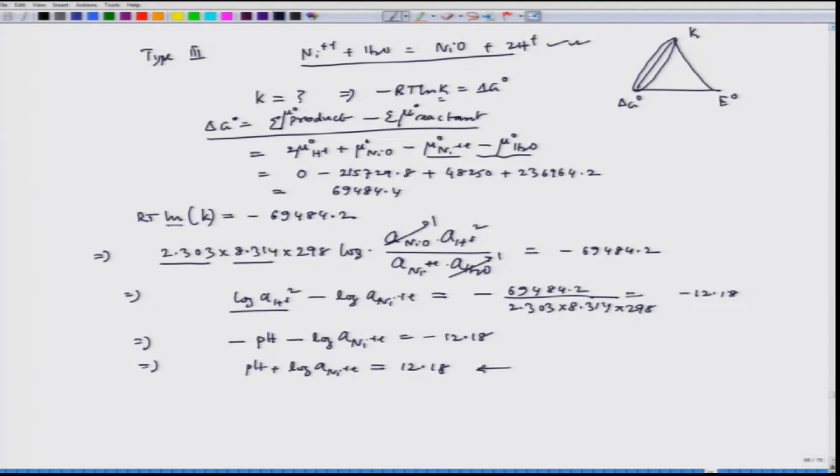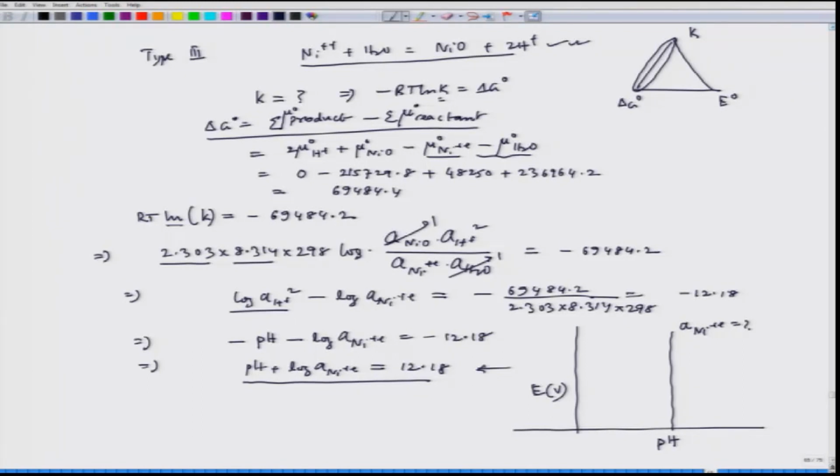Now, once we know this equation, we can plot this on E versus pH for a particular activity of Ni plus plus ion. This is the pH axis, this is potential. Since we do not have any potential term here, this particular reaction would be parallel to the potential axis, because it is a potential independent reaction. So it will be a line parallel to the potential axis, where of course the activity of the Ni plus plus ion is to be mentioned.